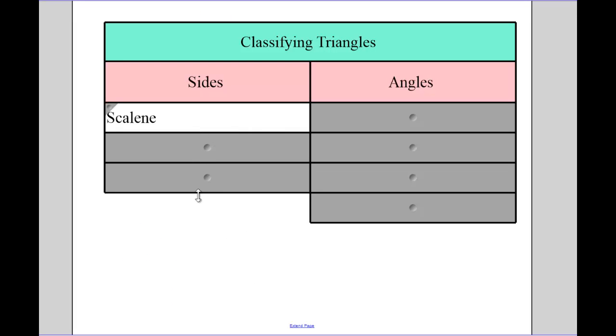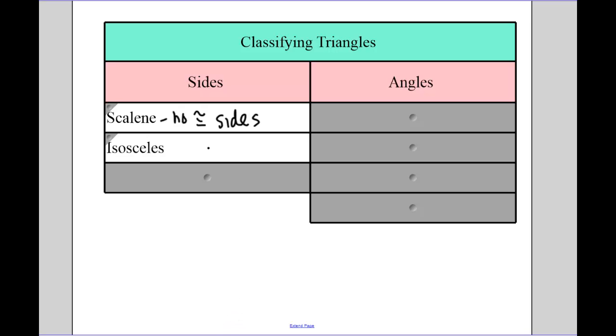By the sides, scalene is when all sides are equal. I'm sorry, no, no congruent sides. So no sides are the same length. So then isosceles.